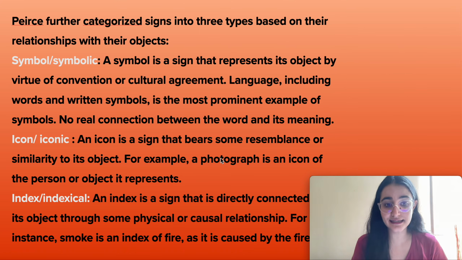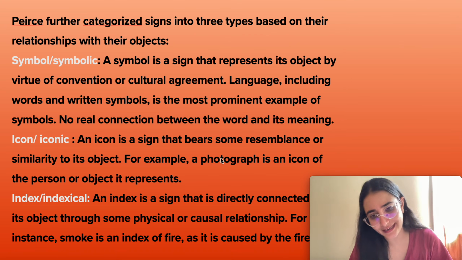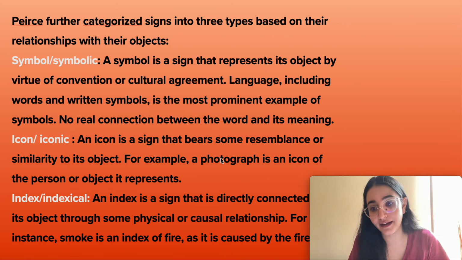The next one is indexical. There is a direct connection between the word or the sign and the object that it represents through some physical or causal relationship. For instance, smoke is an index of fire.